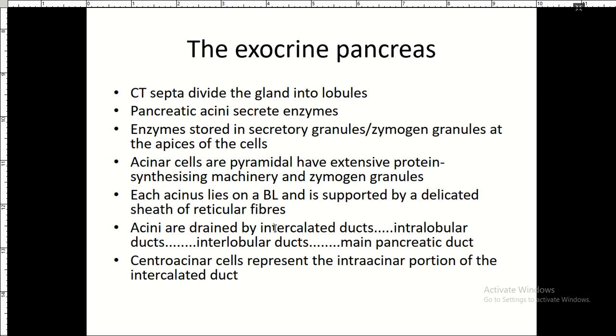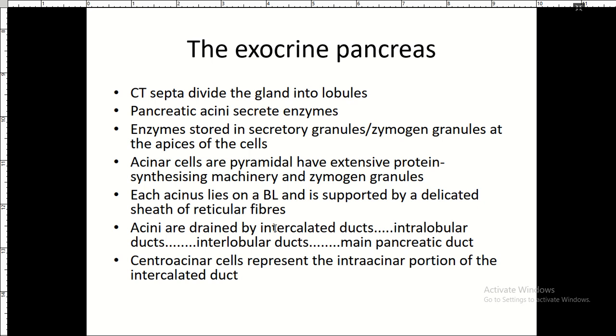So what is important is to take note of the epithelial lining of these ducts. So the intercalated duct is going to be lined by simple squamous epithelia, right? Then the intralobular duct is going to be lined by columnar epithelia.